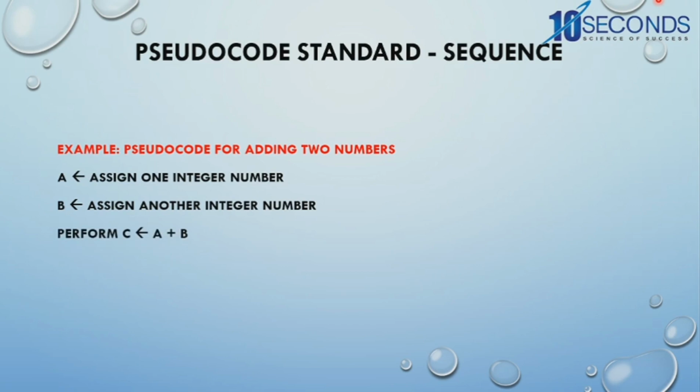Then perform, you can use calculate or process, or just use c arrow a plus b. Here we normally use the arrow instead of equal to. And print c. See, here the indentation is very important. All should start in the same column. As I already told, do not include data declarations in pseudocode. It is very simple.